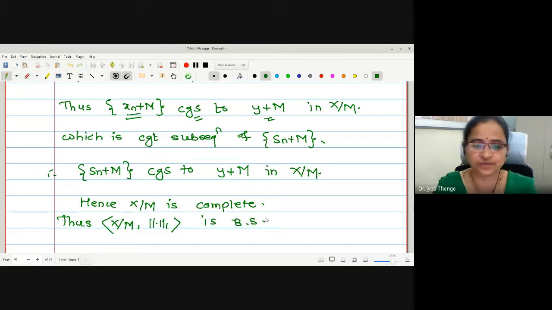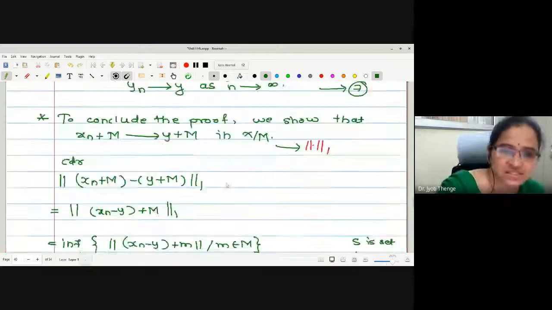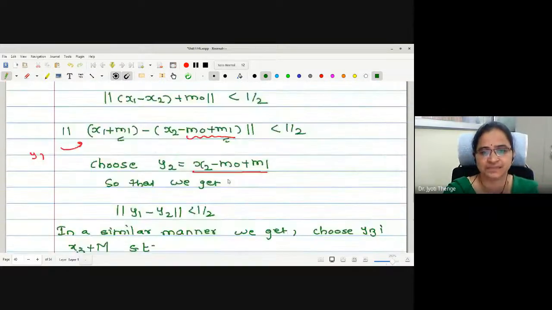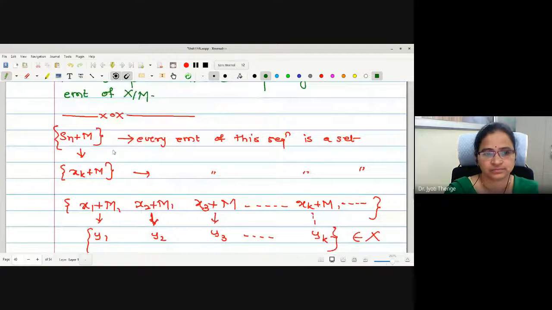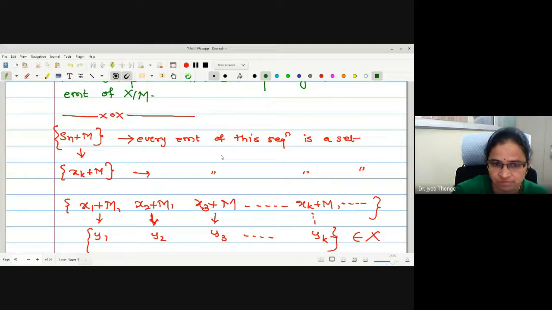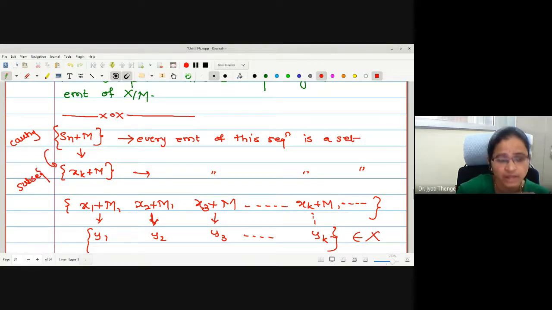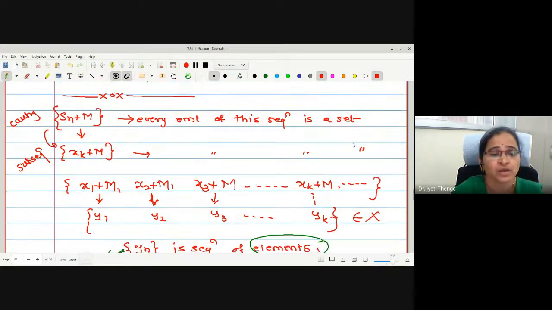Yes, any difficulty? If you have, you can ask me now. You must understand this logic, this scheme. Sn plus m is a Cauchy sequence of elements we started with, but every element is a set. If that is somewhat difficult for us, therefore we wanted to extract one convergent subsequence. This is the subsequence we have extracted. Again, this subsequence has every element as a set. To make it simpler, we have extracted one element from every set.